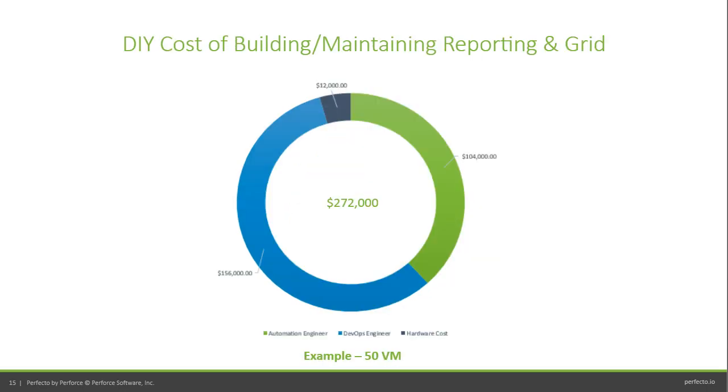Here's one example, where we're comparing the DIY costs of maintaining a report in the grid versus doing this in Perfecto. We've been working with a customer, and what we found out is that if they have to do this on their own, first of all, for the grid, they need to leverage another team member from the DevOps team.